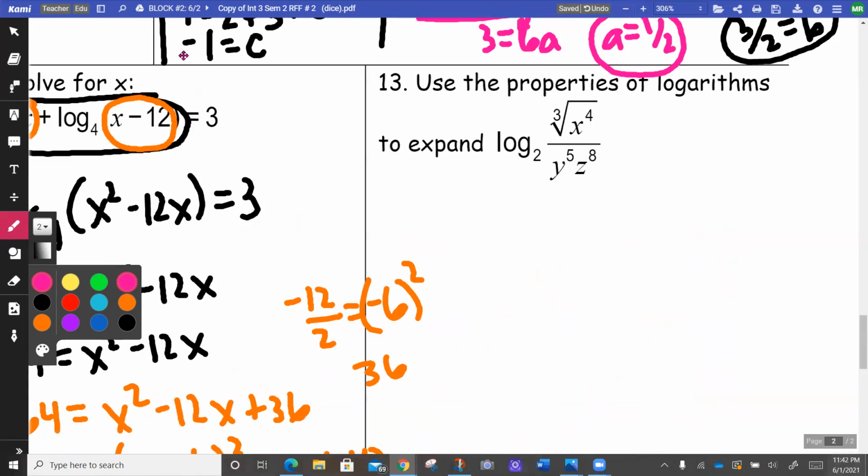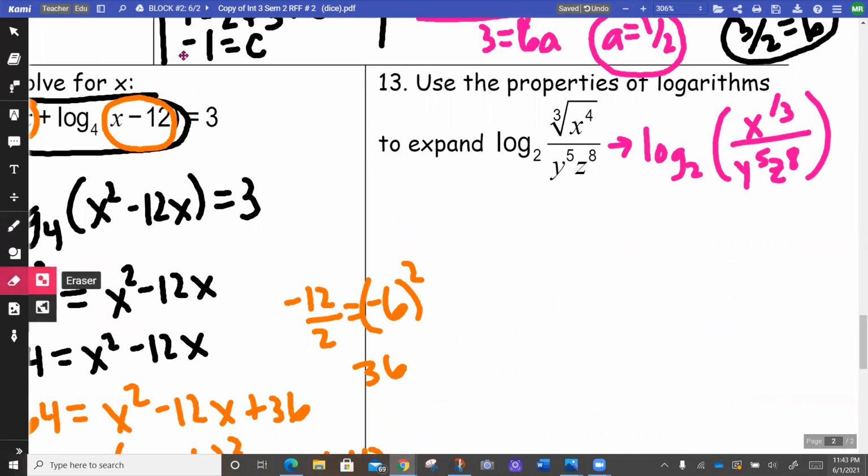Okay, on 13, properties of logarithms, we're going to expand. First off, let me just rewrite this. This is going to be log base 2 of, and my cube root of x to the 4th is really x to the 4 thirds over y to the 5th, z to the 8th.